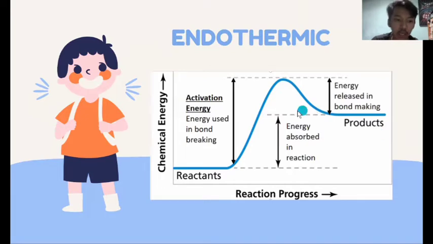Therefore, energy is absorbed. This is the activation energy in the breaking bond, this is the energy absorbed in the reaction, and after that this is the energy released in the bond making.